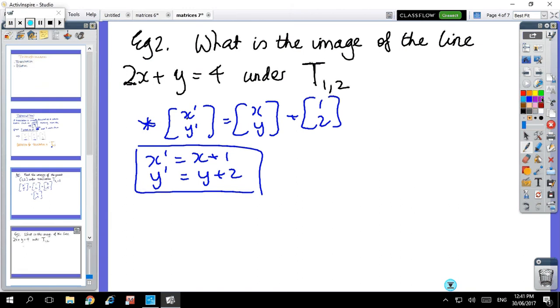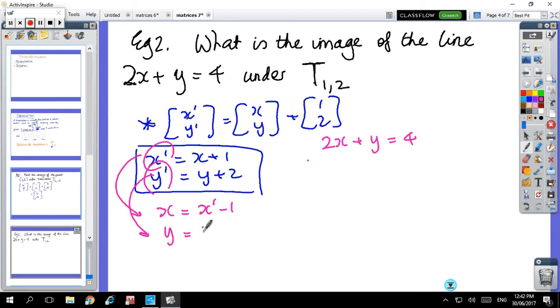So then we put those numbers into the original equation, 2x plus y equals 4. We've got to transform, so x equals x dash minus 1 and y equals y dash minus 2, because we're going to put those points into those positions to get the new coordinates.